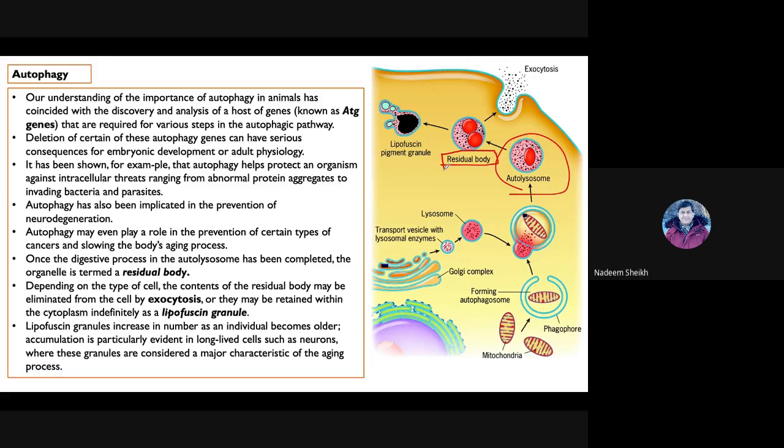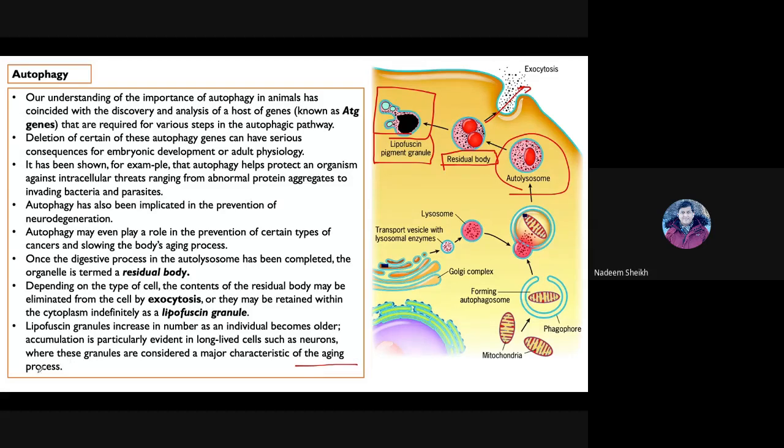Either it goes out of the cell, the undigested remains being expelled by the process of exocytosis, or it can remain within the cytoplasm for a longer period of time, and in that condition it is now called a lipofuscin pigmented granule. And this lipofuscin granule is basically also another indicator of the process of aging.